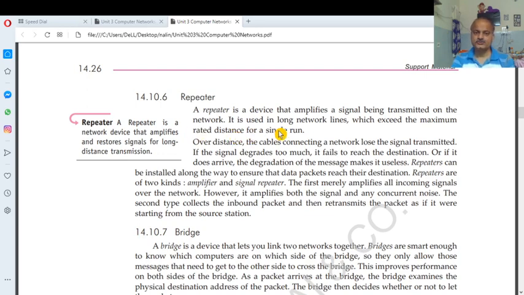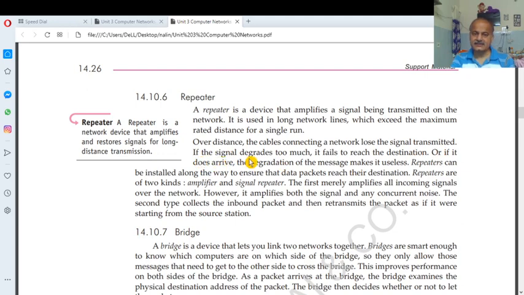It is used in long network lines which exceed the maximum rated distance for a single run. Over distance, the cables connecting a network lose the signal transmitted, meaning the signal loses strength.